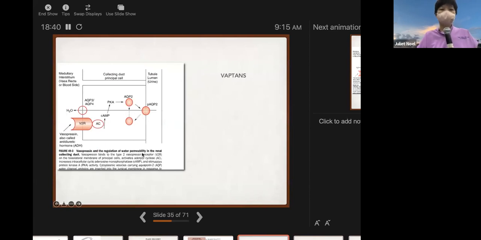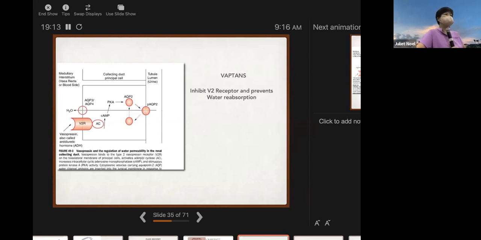What are vaptans? Vaptans act on the aquaporin. They inhibit the aquaporin 2 receptor and prevent water reabsorption. So when you use vaptan, the patient will also diurese, but purely water, not electrolytes. Unlike diuretics, like loop diuretics, where will it act? In the loop, diba?